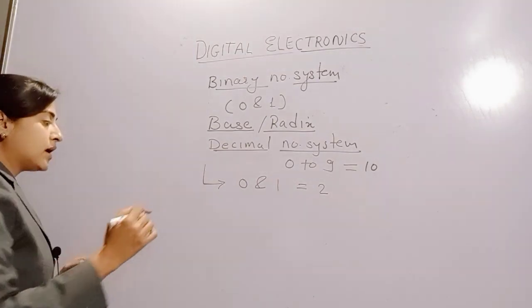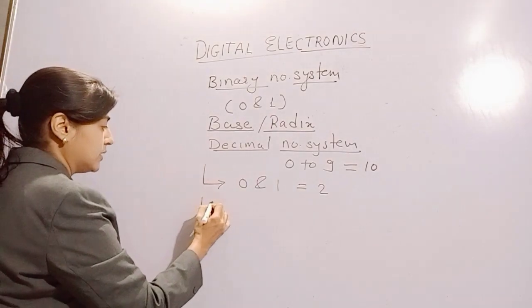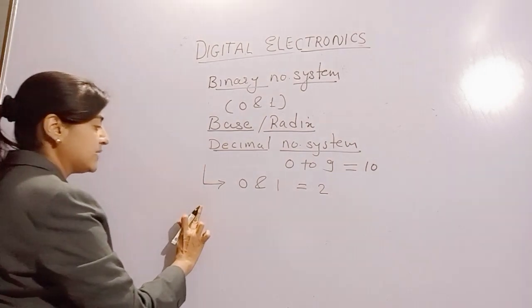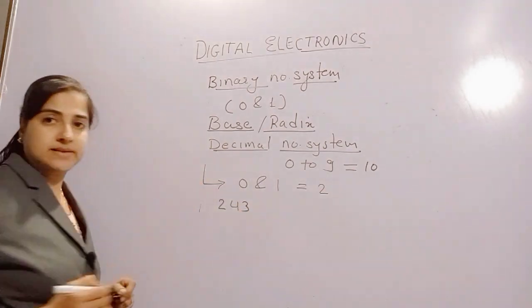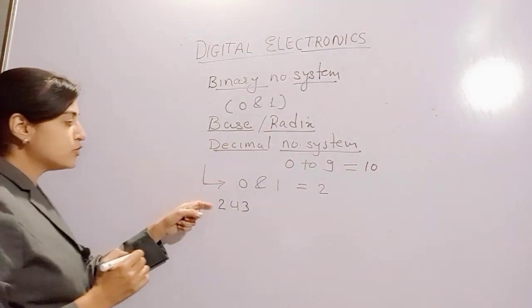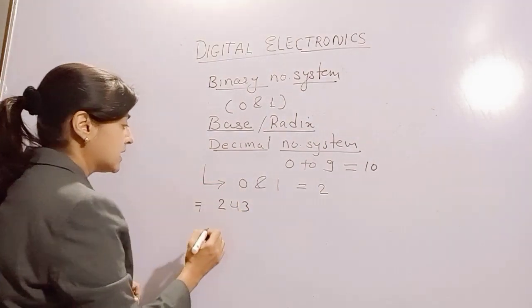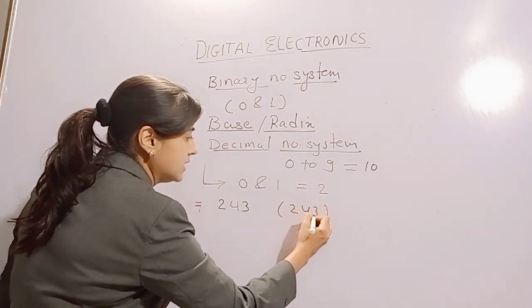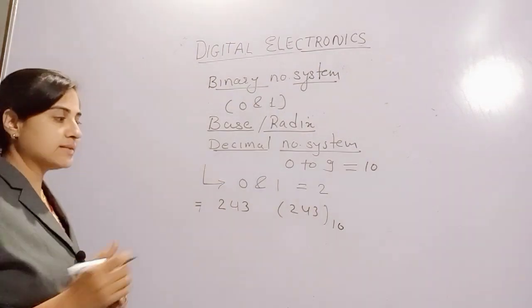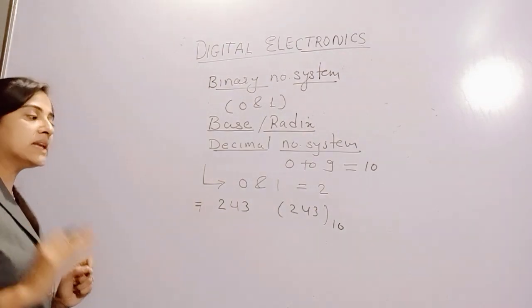For example, we'll take one decimal number, 243. I can write this decimal number this way also, 243 with the base as a subscript, and this is the way of representation of any number system.